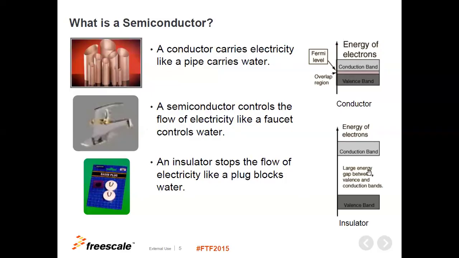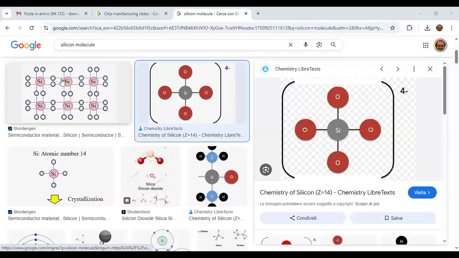And the property of semiconductance is due to, I don't want to go too much into physics, but just to tell you, the fact that the silicon molecule, let's go back one second to the silicon molecule and the silicon crystal, is sharing a lot of electrons in the crystal. Basically, for this molecule to stay together, it is sharing a couple of electrons between one silicon and another, to stay neutral, a type of bond that is called covalent bond in chemistry, okay. I will not go too much into that, I just want to tell you.